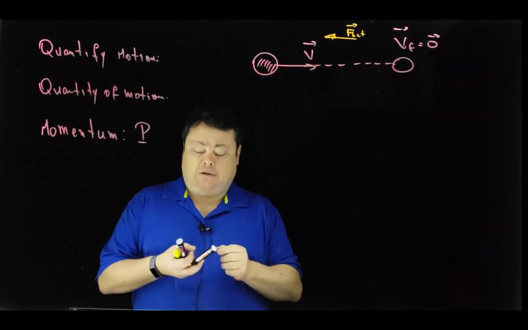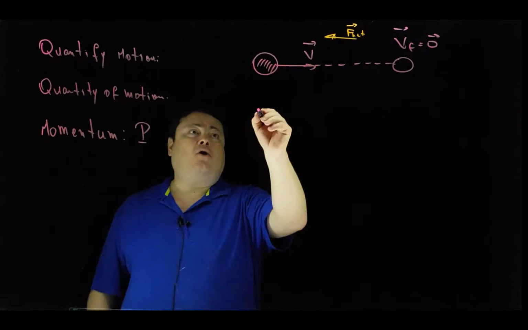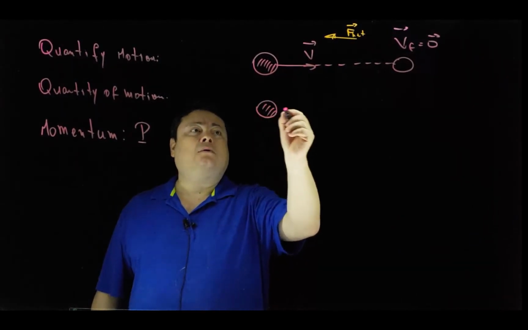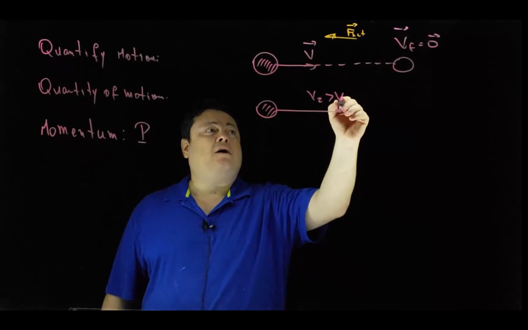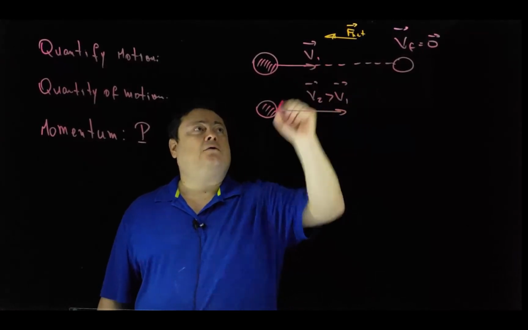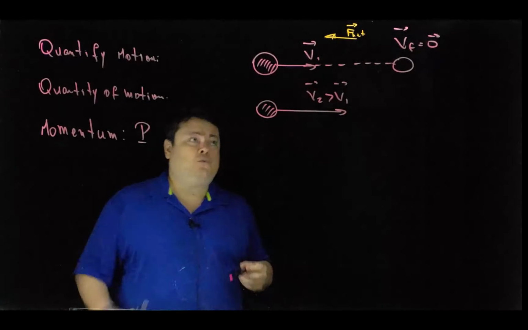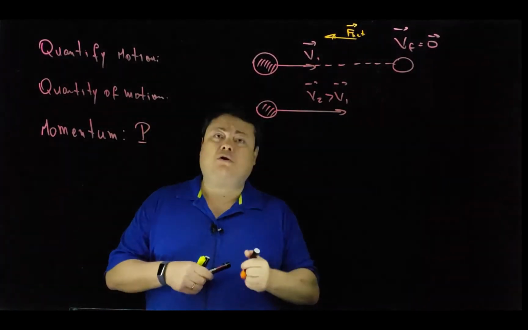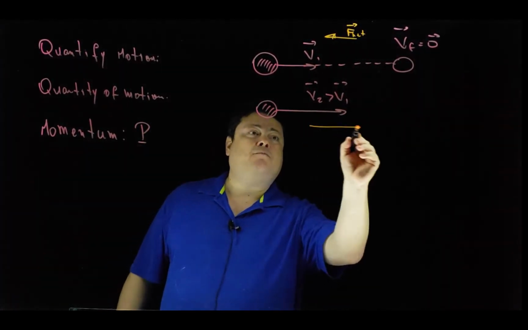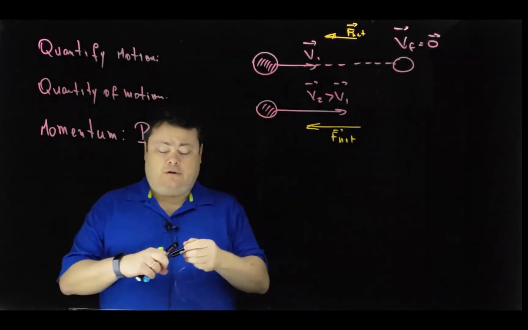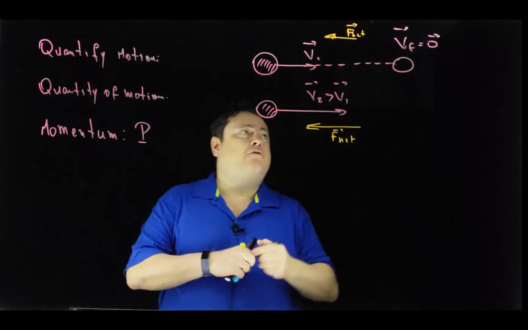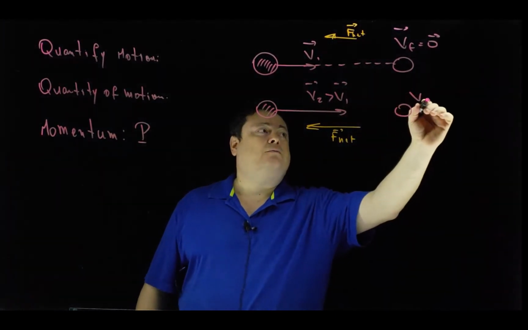One thing we can reason is that the same object, but moving with a velocity v2 greater than my initial velocity, would require a bigger net force to come to a final velocity of 0.